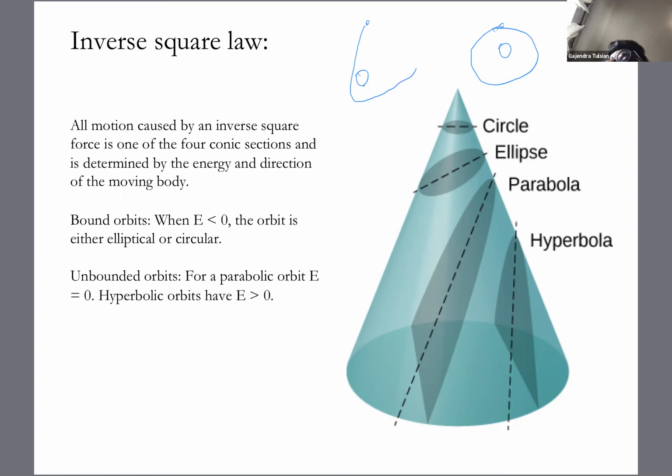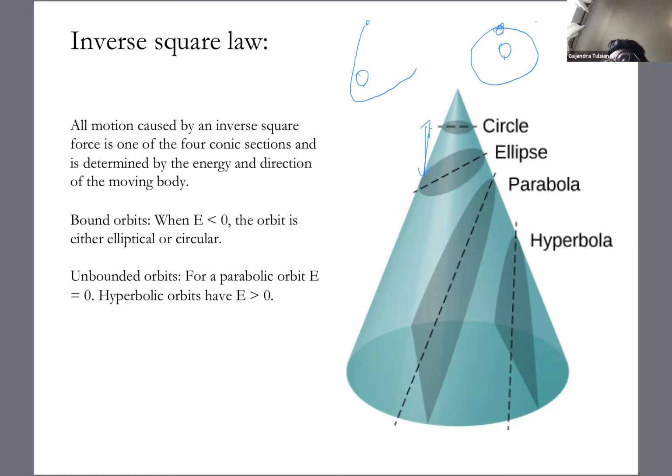This is what is called a bound orbit. A bound orbit is one where the object is not escaping the gravity of the central object. Bound orbits are either circular or elliptical.